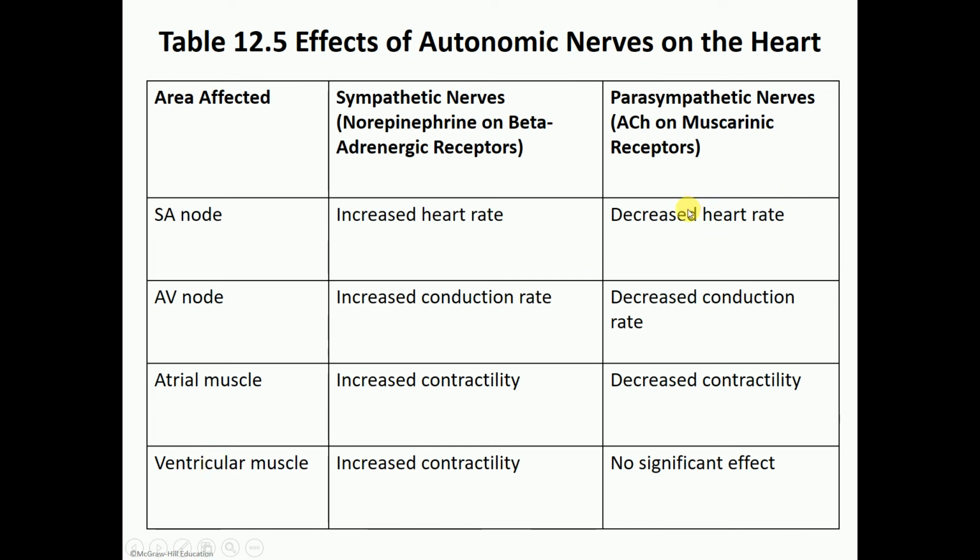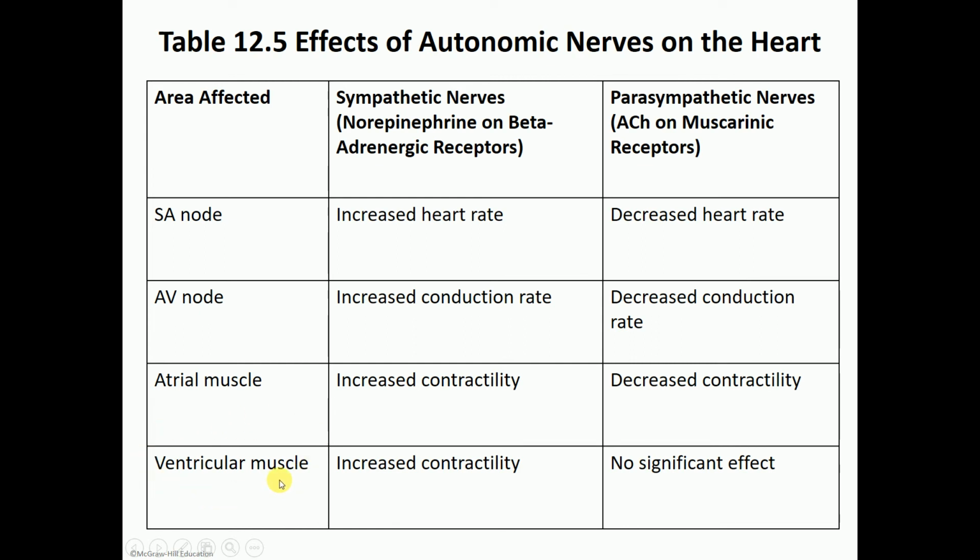On the SA node, it's going to decrease heart rate, so it leads to bradycardia. At the AV node, it will decrease the conduction rate of the action potential going from the atrium down to the ventricle, and it will decrease the force of contraction of the atria. Remember, it really has no effect on the ventricles.